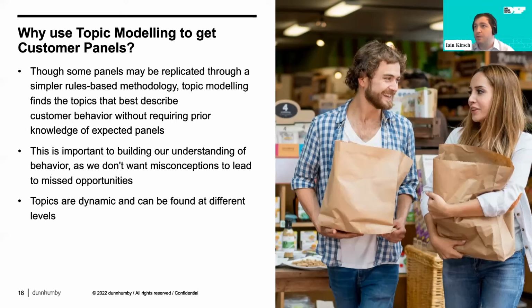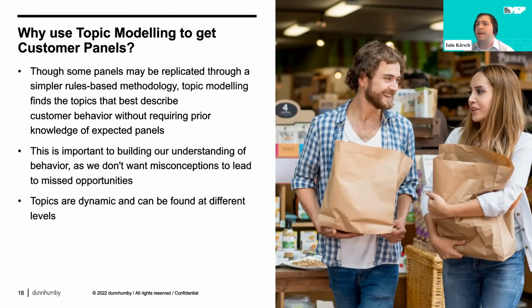For example, with cat owners, you would expect that if a customer is consistently buying cat products over a year, they're likely to be a cat owner. That is true, but the reason that we're thinking about topic modeling in this instance is that we want to understand what topics best describe customer behavior, but we don't want to require prior knowledge of what panels or topics we're expecting to occur.